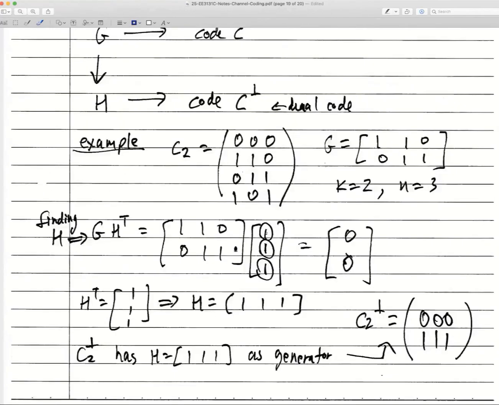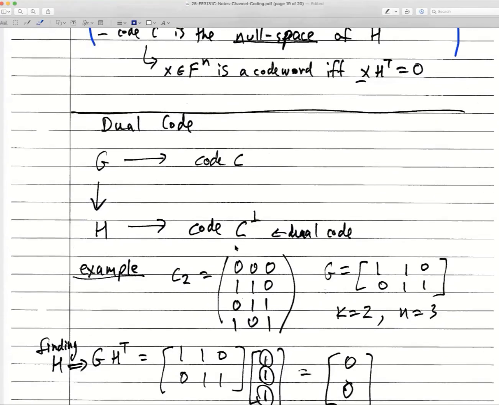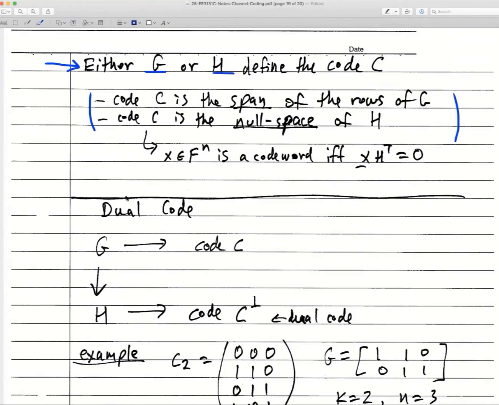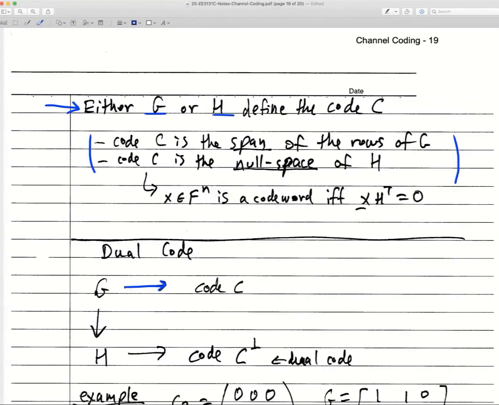Or maybe it's okay. Let's talk about the dual code, then I'll go through some examples. If I have a generator matrix G, G gives me a code C. Associated with every G is an H, the H that makes GH transpose equal to 0.